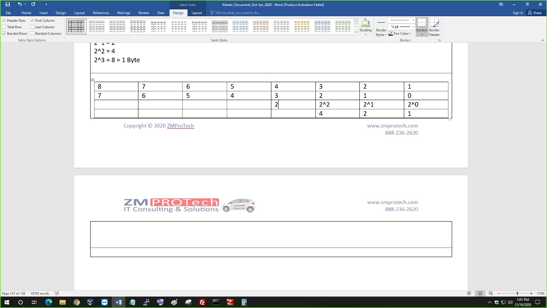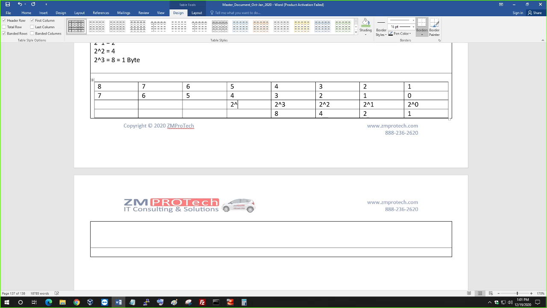2 to the power of 3: what is the answer going to be? It's not 6, it's 8. 2 times 2 times 2 is 8.